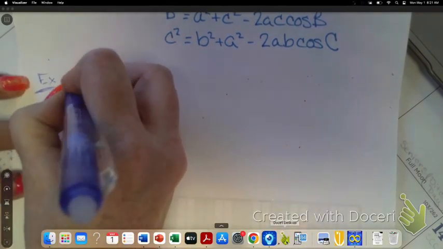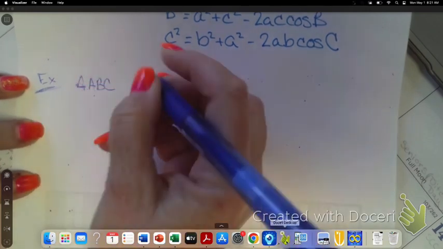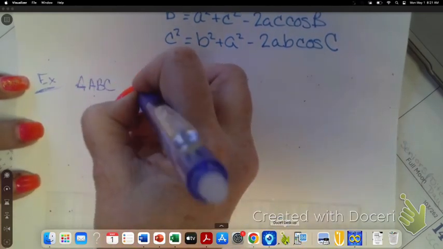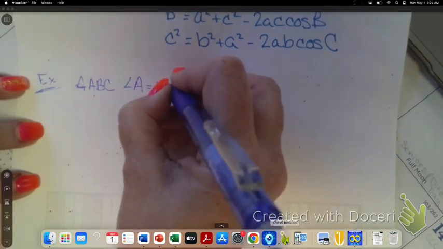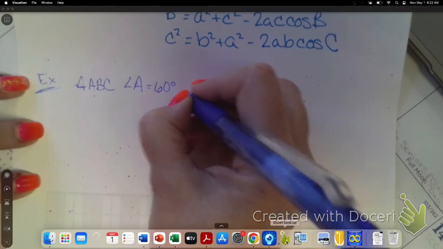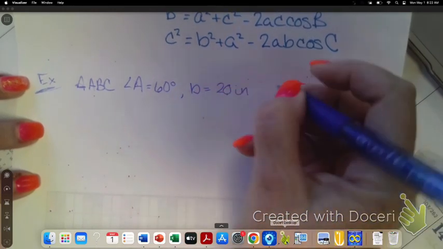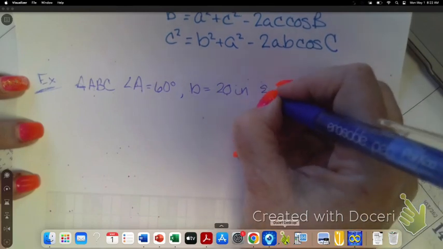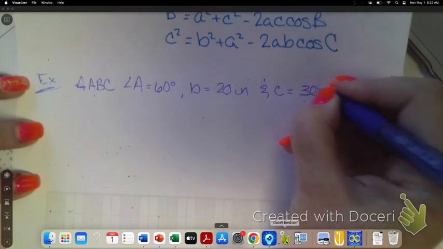Okay, triangle ABC. Angle A equals 60 degrees. B equals 20 inches. And C equals 30 inches.